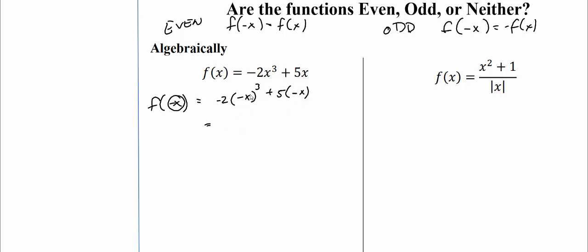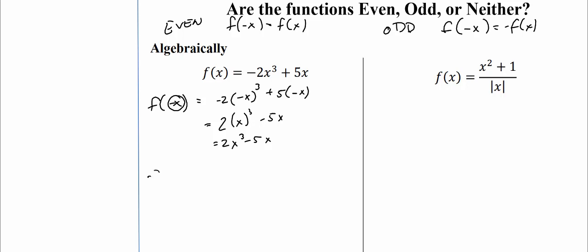Well, -x to the third is really -x to the third, so that's going to be +2x to the third, negative to the third power, so negative. Plus 5 times -x, which is really minus 5x. So this is just 2x to the third minus 5x. So that's what f of -x equals.